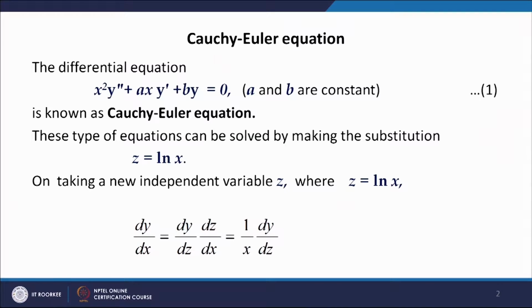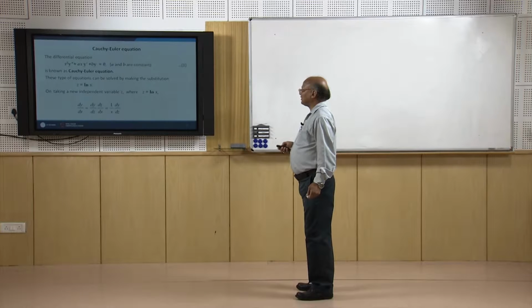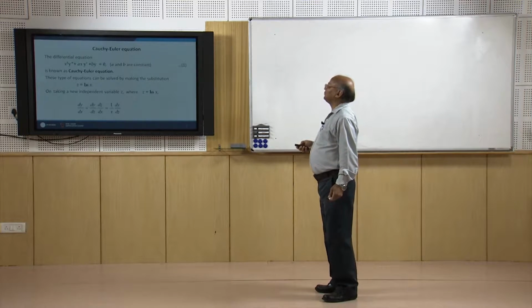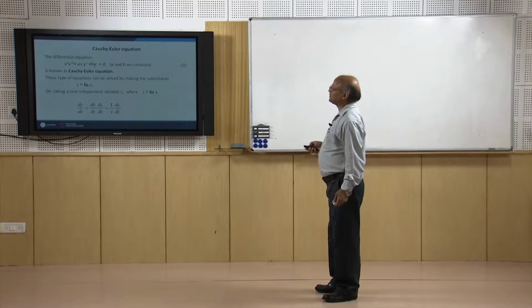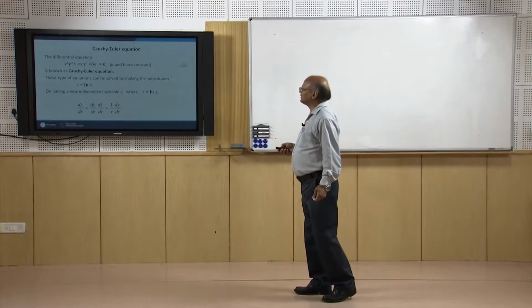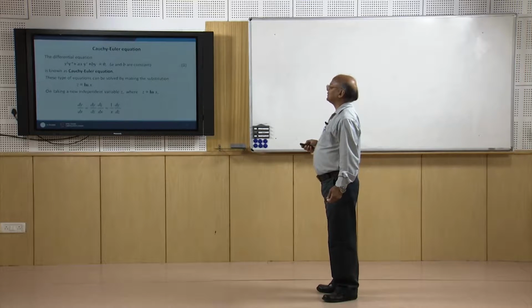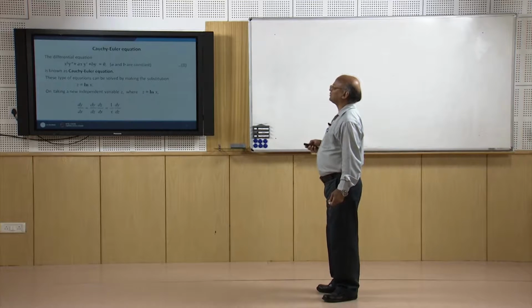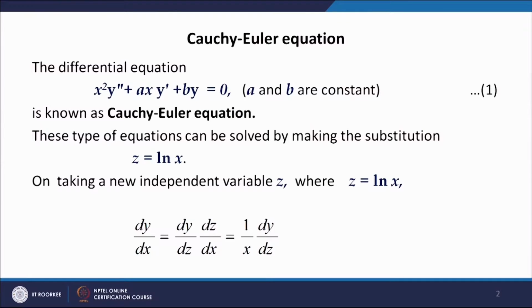In general, an ordinary second order linear differential equation with variable coefficients is not easy to solve, but some special classes of such equations can be solved. The Cauchy-Euler equation belongs to one such class. The power of x squared is 2 and the derivative y double dash is of second order.